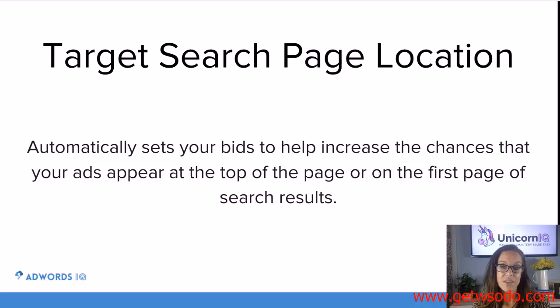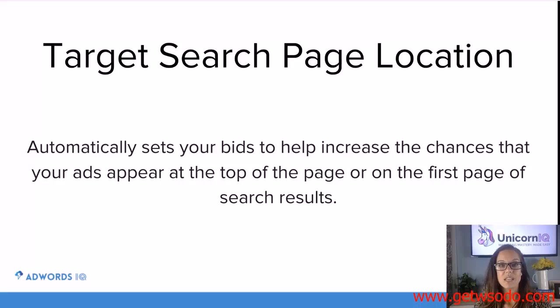So that is one thing that I will put in here as a side note, that it's not always the best strategy to go for the top spot. I just want you to keep that in mind, don't always go for position number one, but there is a bidding strategy here that helps you target your specific position.